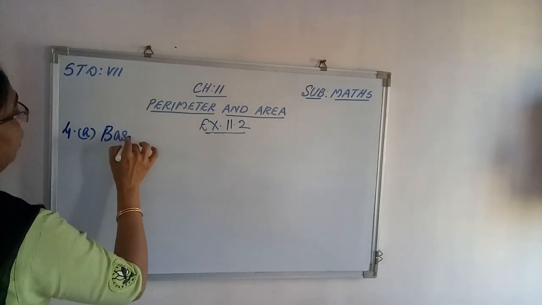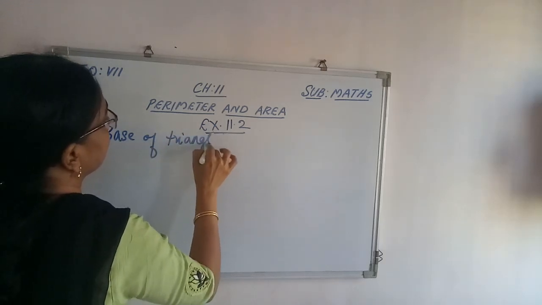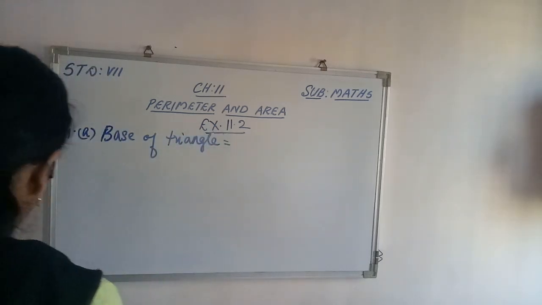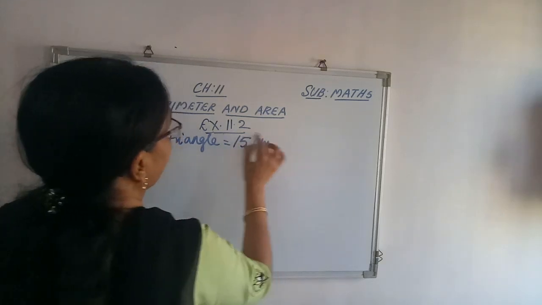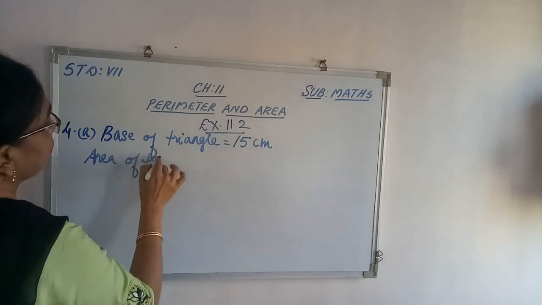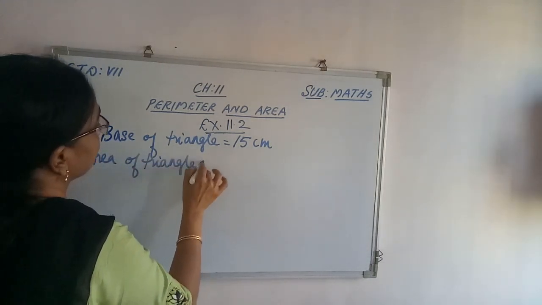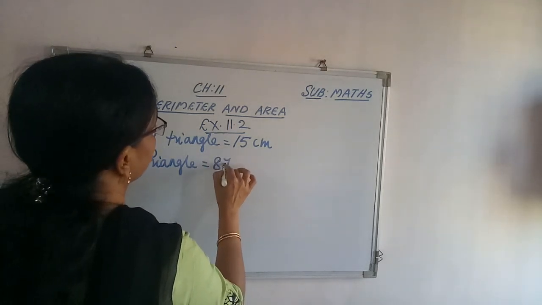Base of triangle given as 15 centimeter. Area of triangle given as 87 centimeter square.